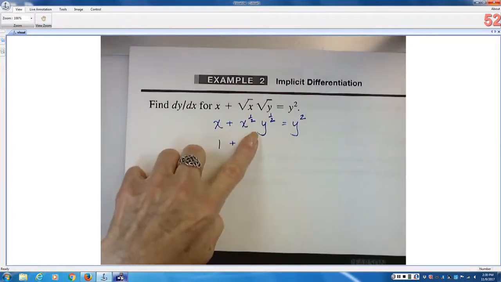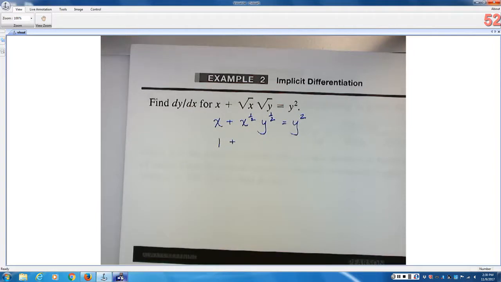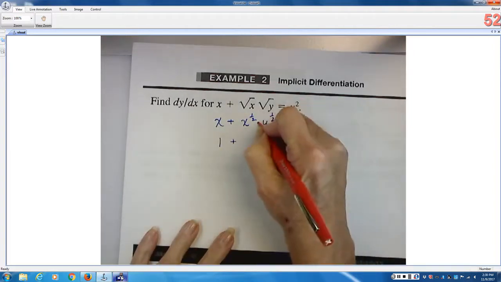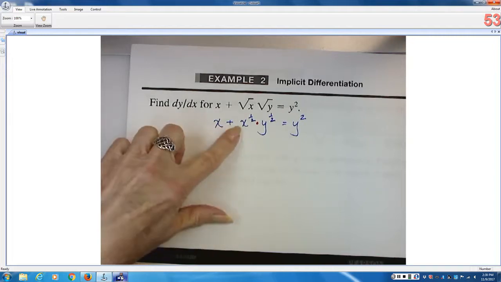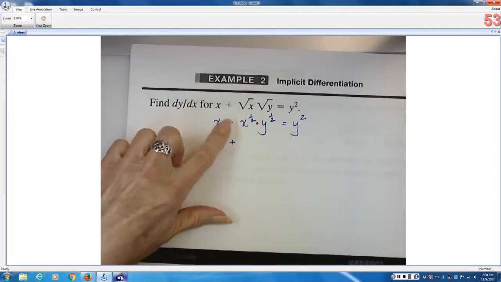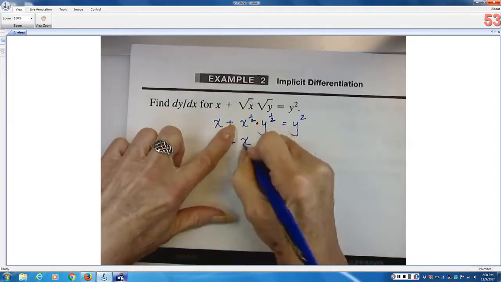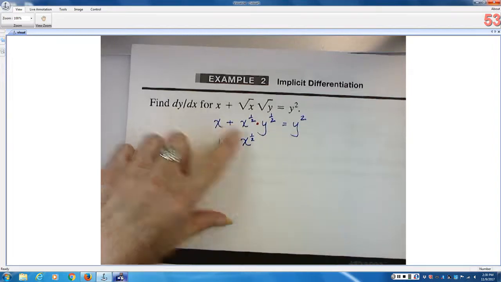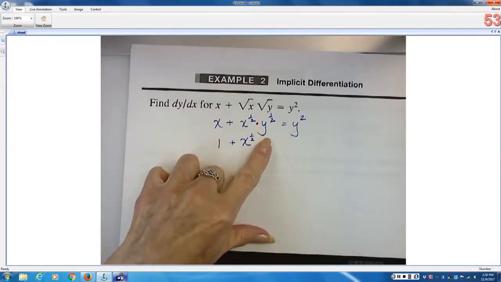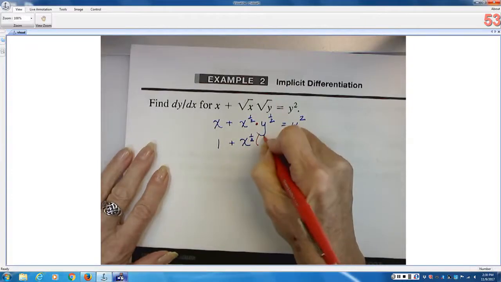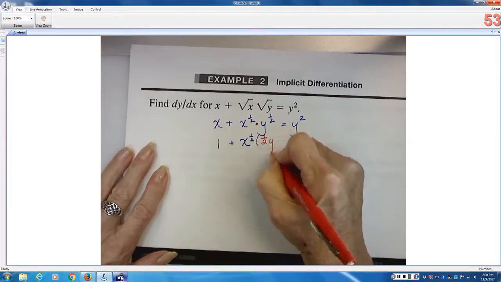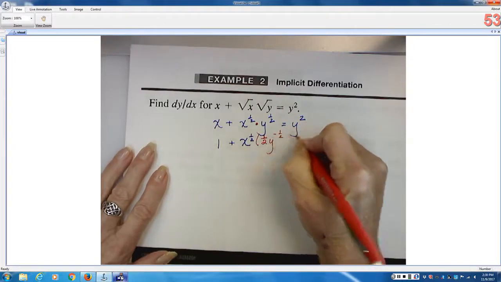This is a product. It's a multiplication problem. So that means we need to take x to the 1/2 and multiply it times the derivative of y to the 1/2. And that's going to be 1/2 y to the negative 1/2.